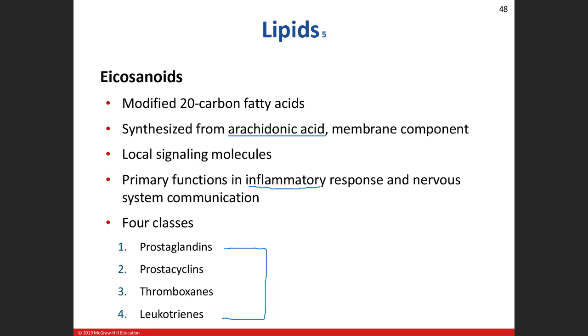Inflammation is usually associated with tissue damage or cellular damage. We'll also see them in certain situations for our nervous system, but we'll talk more about that later on. But you see these different classes for these eicosanoids: prostacyclins, prostaglandins, leukotrienes, and thromboxanes.